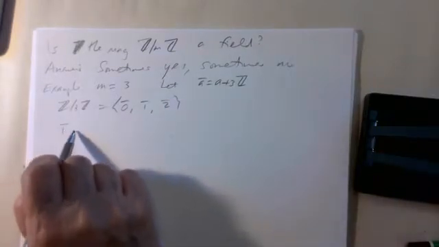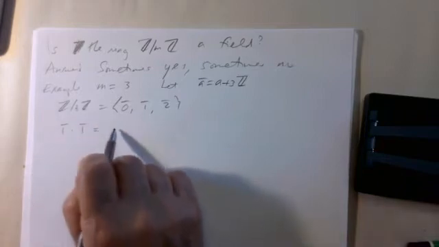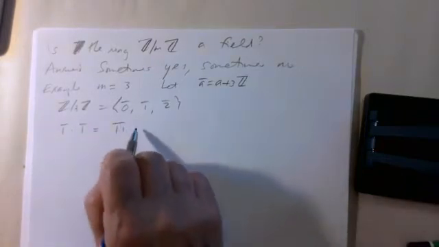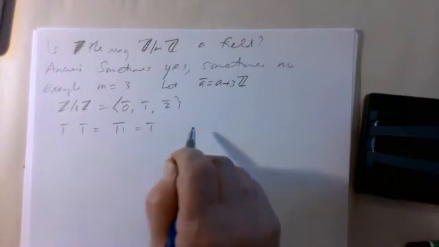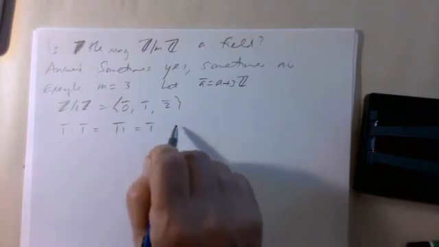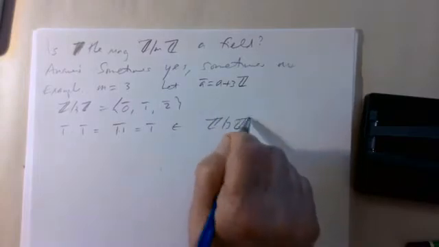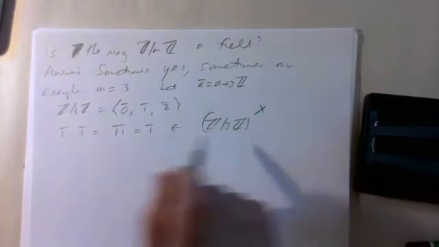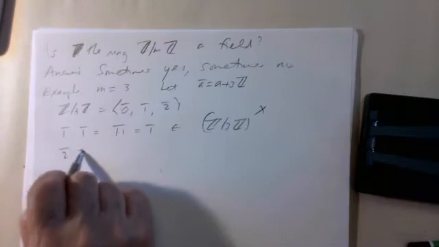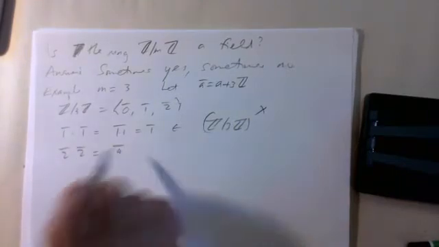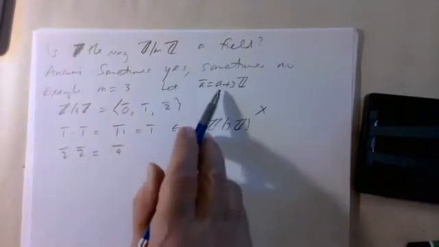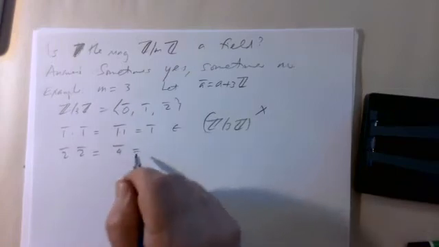So the congruence class of 1 multiplied by itself is the congruence class of 1 times 1, or 1. So in any case, this is a unit. This is the group of units. What if you multiply 2 by itself? You get 4. But mod 3, 4 is congruent to 1.